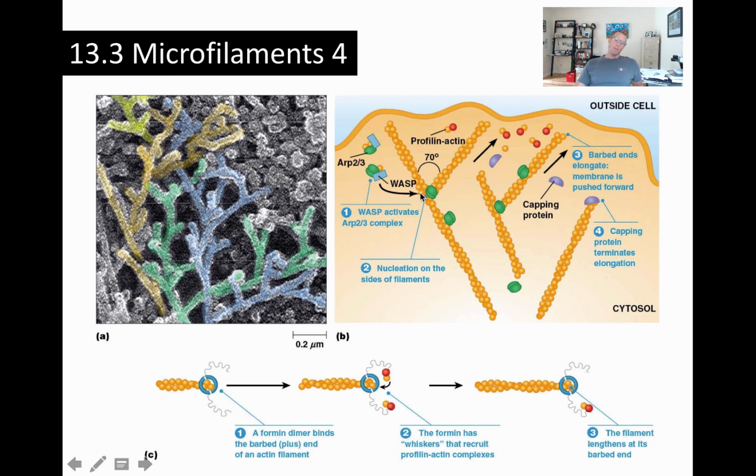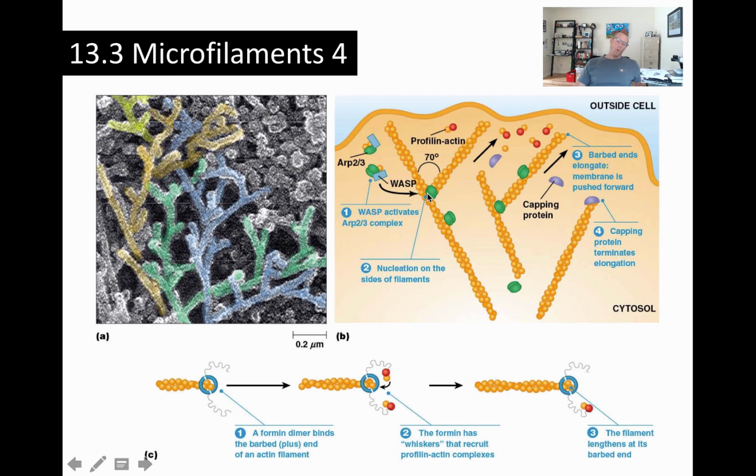To get a side branch forming, a protein complex called Arp2/3 binds at a point along a microfilament, and that's facilitated by the WASP family of proteins. WASP activates Arp2/3, and that Arp2/3 complex binds to a point on a microfilament and facilitates the nucleation of a side filament from this main filament.